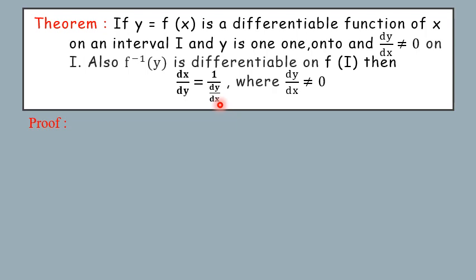So to find a derivative of the inverse function of this function y is equal to f of x, the first condition is the inverse of this function should exist. And for that this function should be 1-1 and onto.